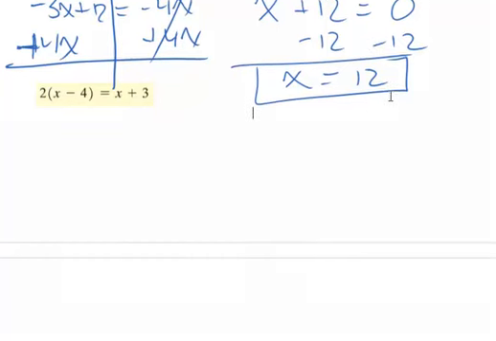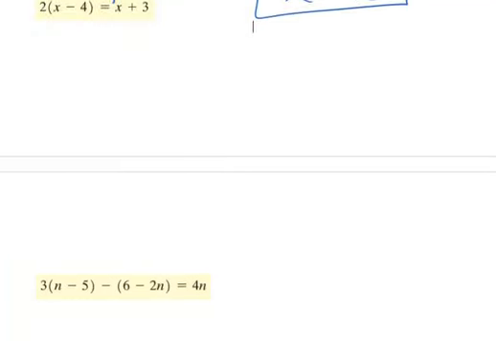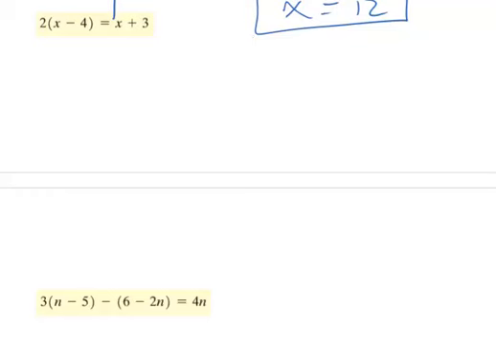All right. So my next problem here, very similar to the one we did before. Let me fix that. Here we go. Again, I'm going to go ahead and draw my line going down to separate my two sides. Distribute. That's going to leave me with 2x minus 8 equals x plus 3.